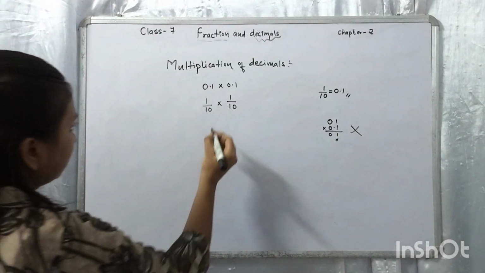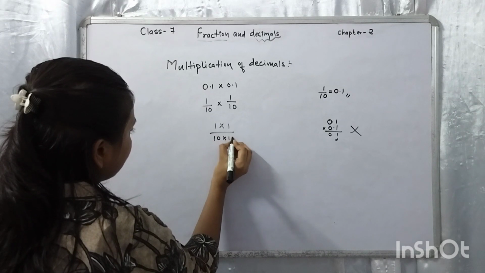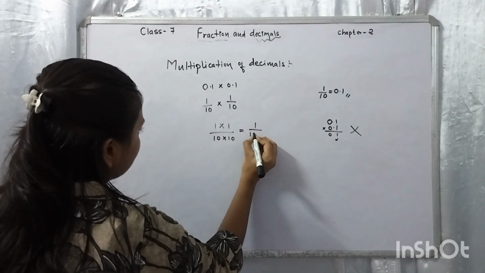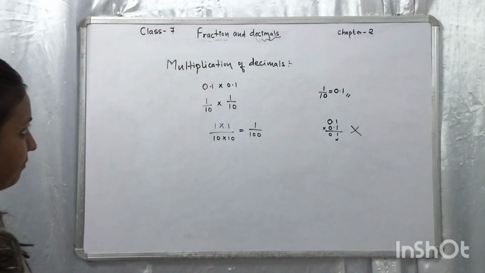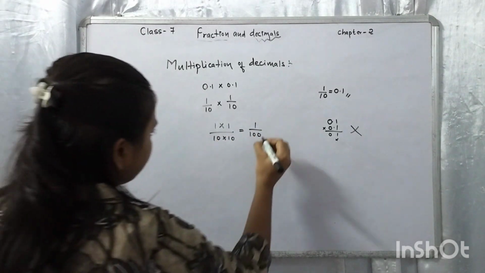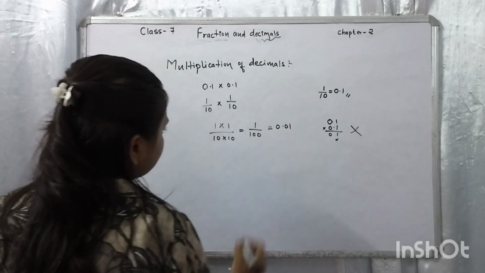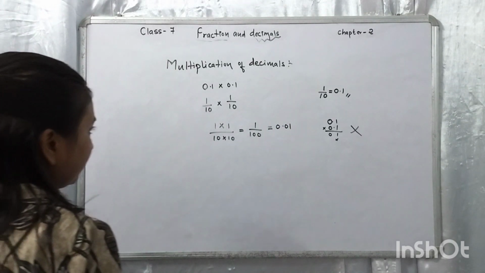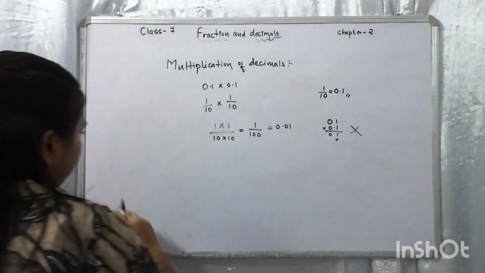So now 1 into 1, as we studied how to multiply, 10 into 10. So 1 into 1 is 1 and 10 into 10 is 100. Fine. So that is 1 by 100. Now this is a fraction form, but if you are told to write it in decimal form, this will be 0.01. Fine. 0.01.